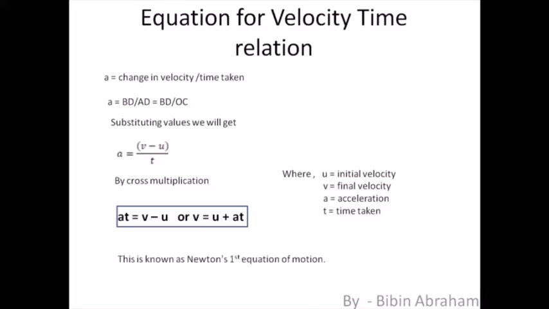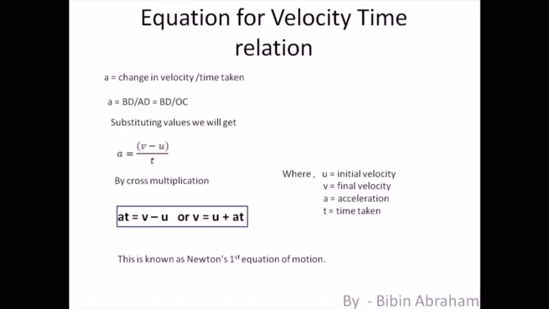I hope this is clear, right? In numericals, if somebody gives us acceleration, time, and initial velocity, let's say he started from 0, then we can find out the final velocity at which he will be traveling. So this is Newton's first equation of motion.